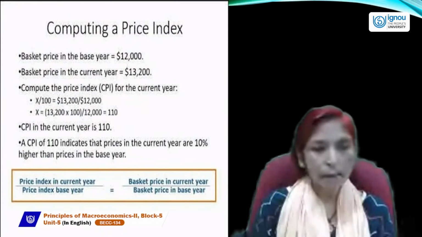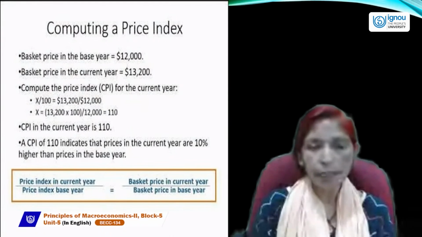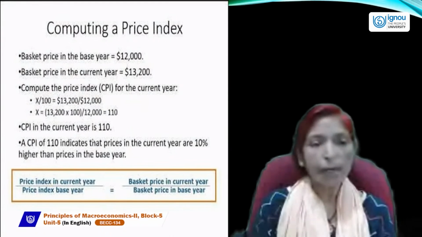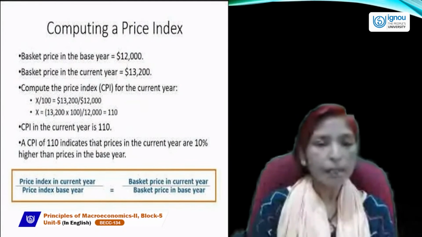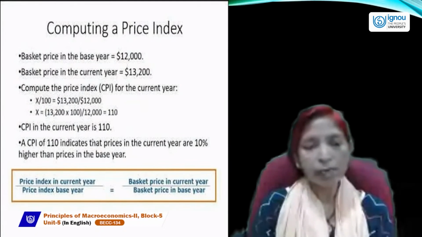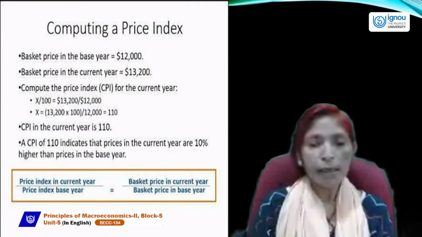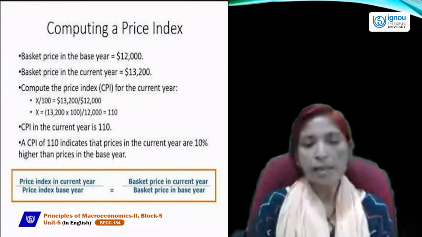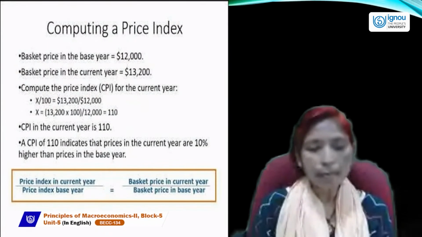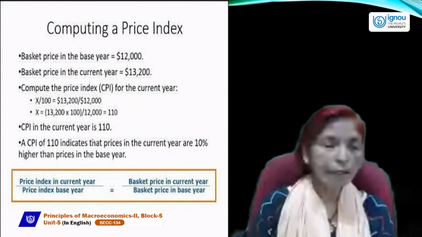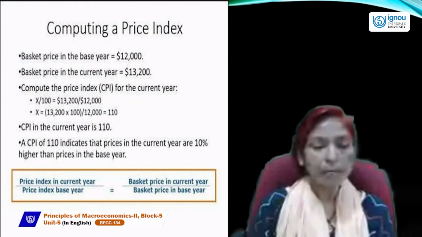If 13,200 is divided by 12,000 and multiplied by 100, we get the CPI in the current year, which is 110. This CPI of 110 indicates that prices in the current year have increased by 10% compared to the base year.